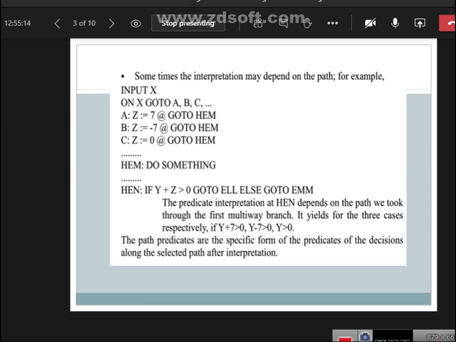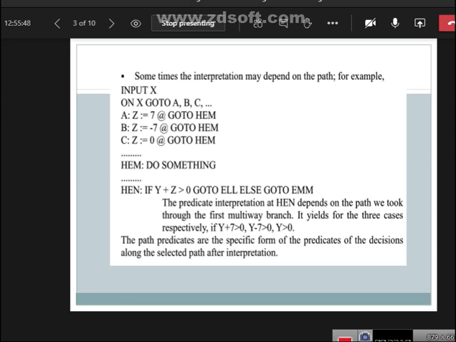For example, here we have some program. We are taking this input x, and on x we go to statements a, b and c. In statement a, z is equal to 7, b, z is equal to minus 7, c, z is equal to 0. From these three statements, with 0, minus 7, 7, we go to the statement HEM.